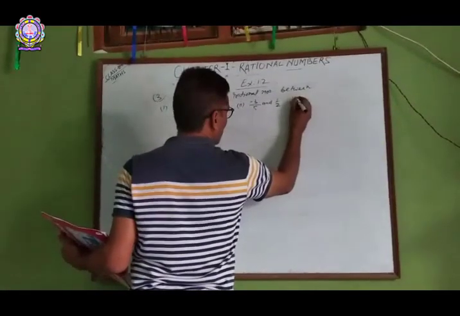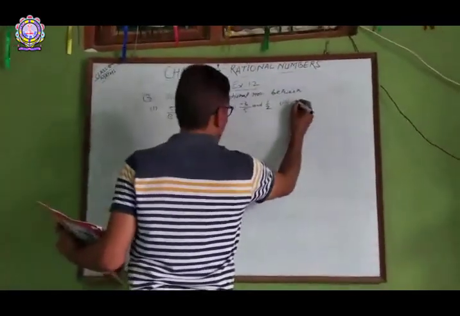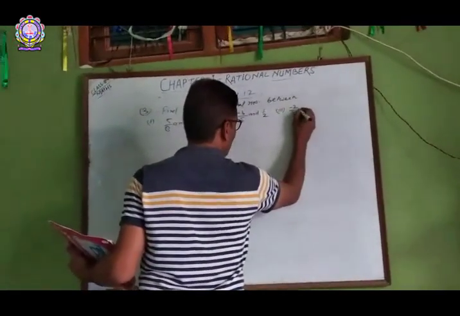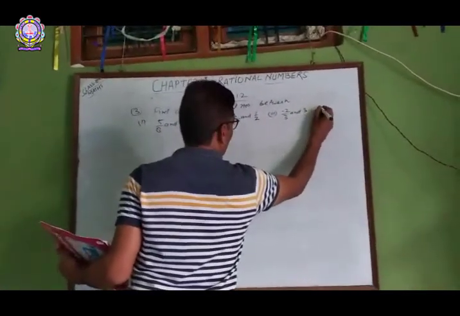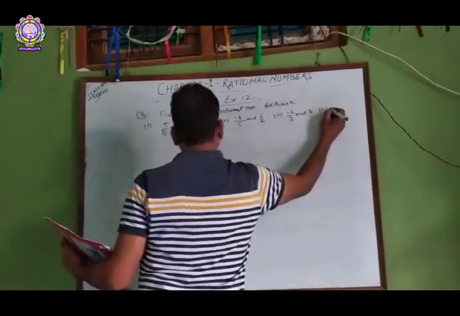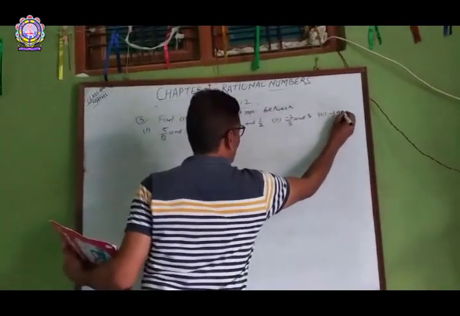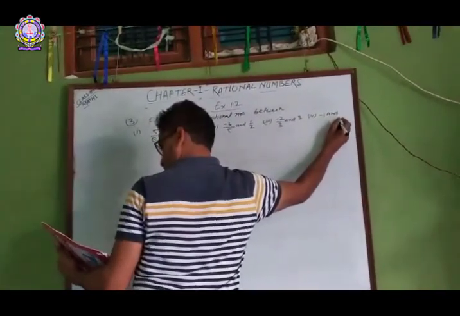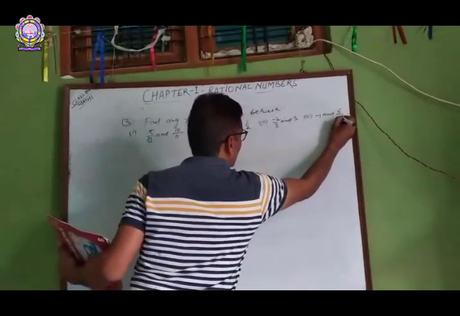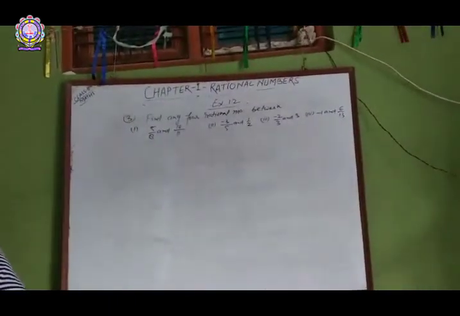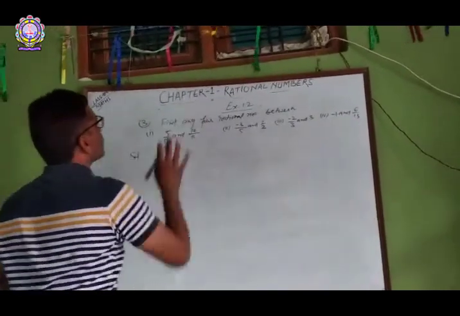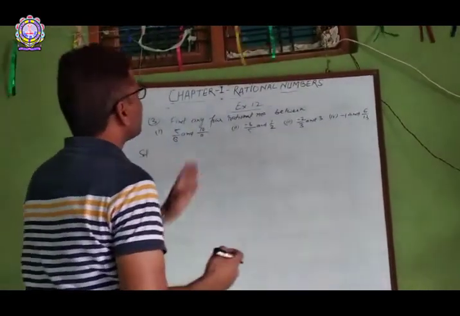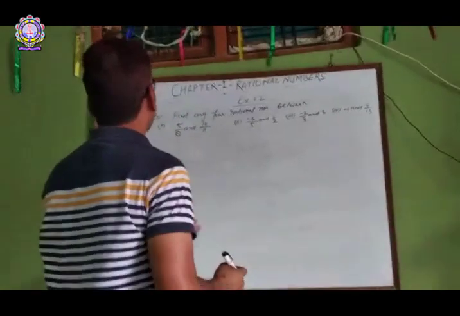Third one, -2/3 and 3. Fourth one, -1 and 6/13. Now solve part first. We have to find any four rational numbers between these.